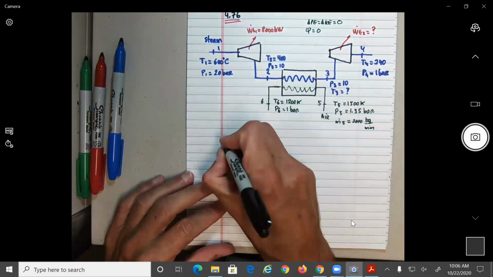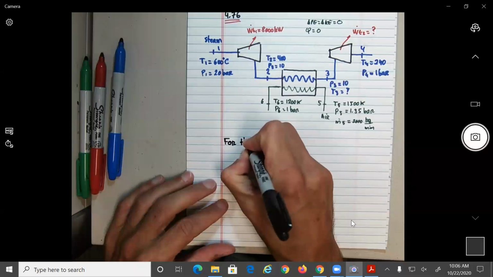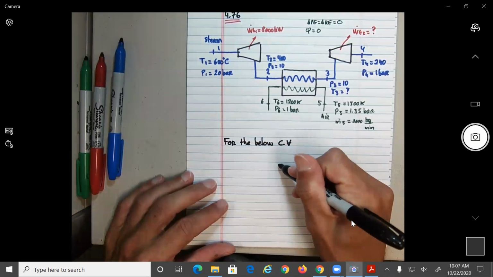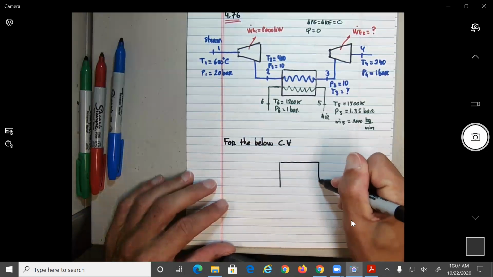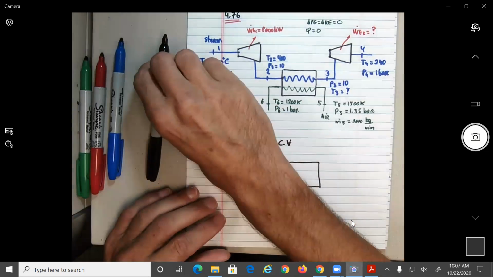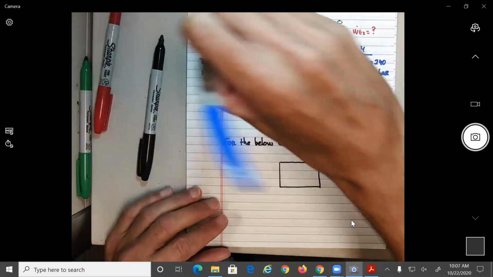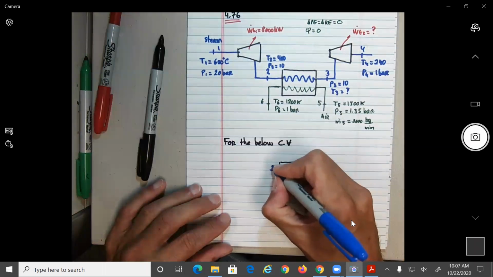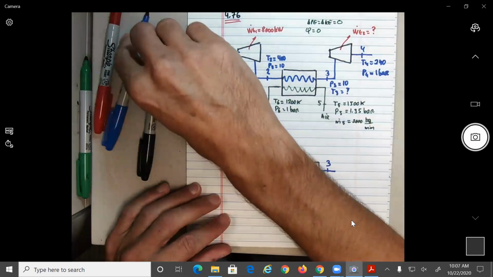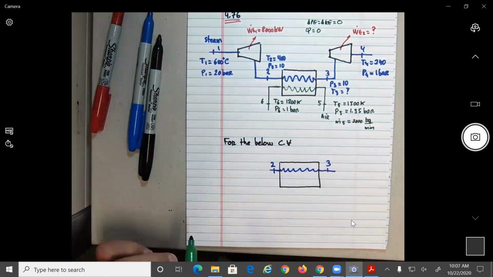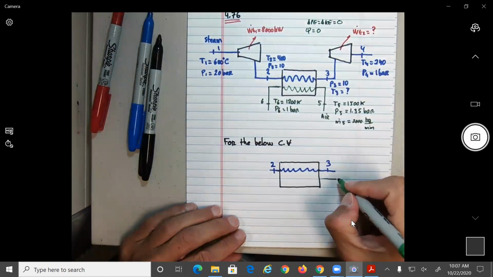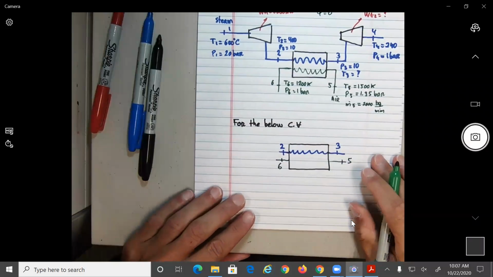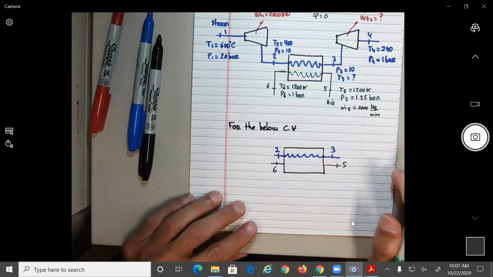So for the control volume below, basically the heat exchanger, what do you have here? Your 2, 3, 5, and 6. We have the data here on top, but if you want, let's put it here.